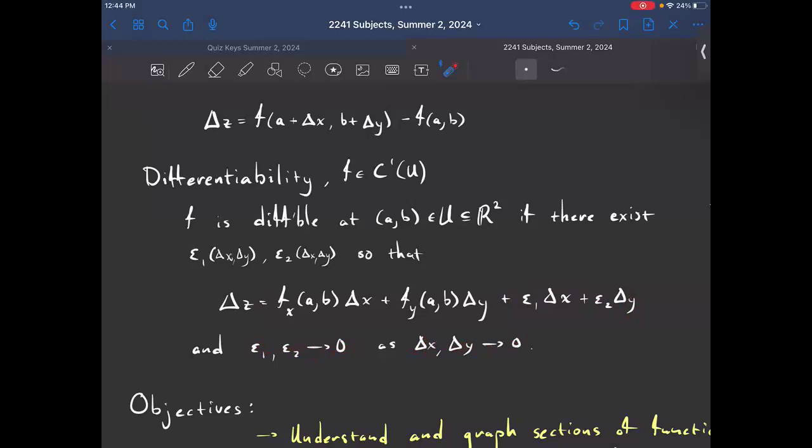So we can take a limit of these two functions as delta x and delta y go to 0, as we get closer and closer to the actual point. These should disappear; the idea is that in the limit, we end up with literally the total derivative. Okay. So this is the definition of differentiability.